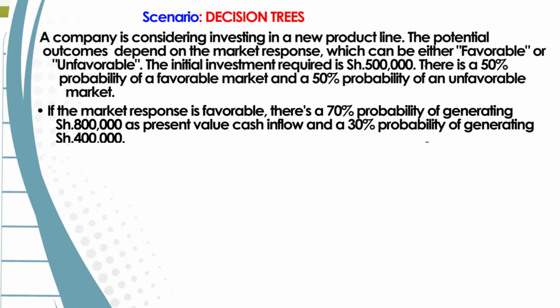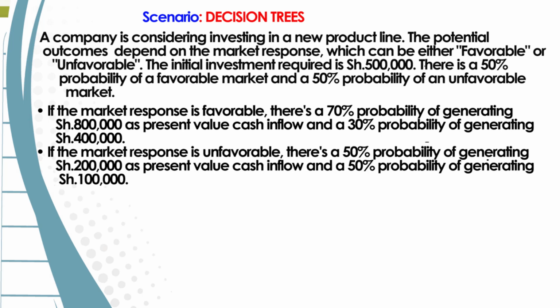If the market response is favorable, there is a 70% probability of generating 800,000 net cash flows, or present value cash flows, and a 30% probability of generating 400,000 shillings. If the market response is unfavorable, there is a 50% probability of generating 200,000 shillings as present value cash inflows and 50% probability of generating 100,000 shillings.